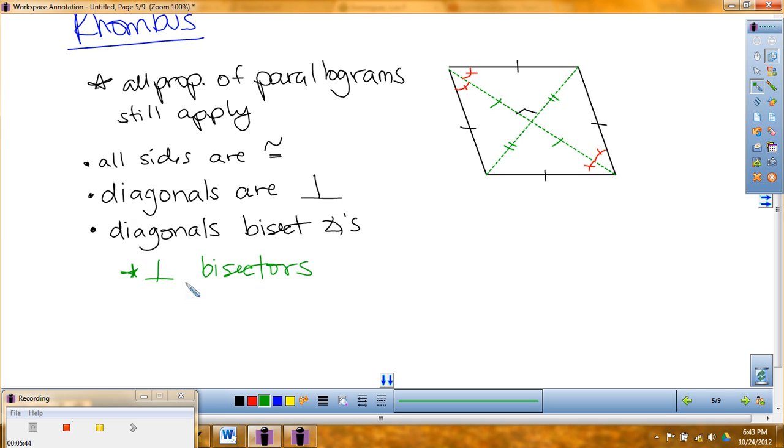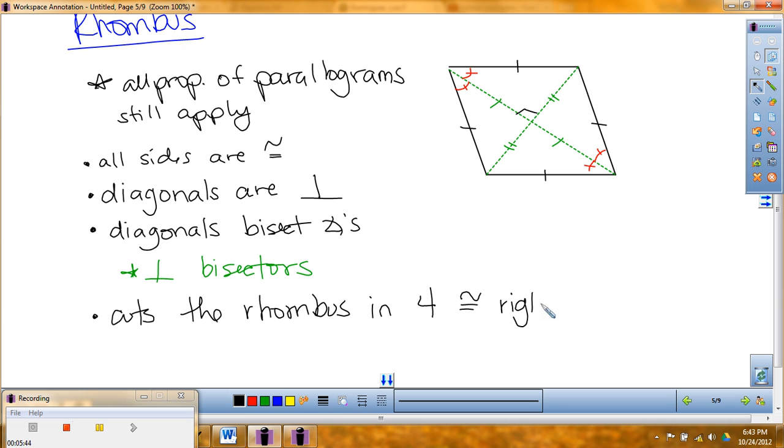And the special thing about our rhombus is that our diagonals cut the rhombus into 4 congruent right triangles.